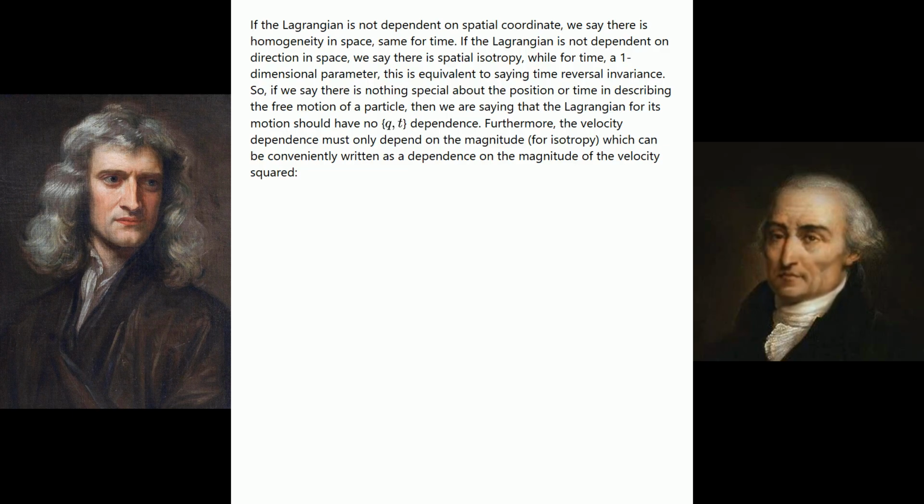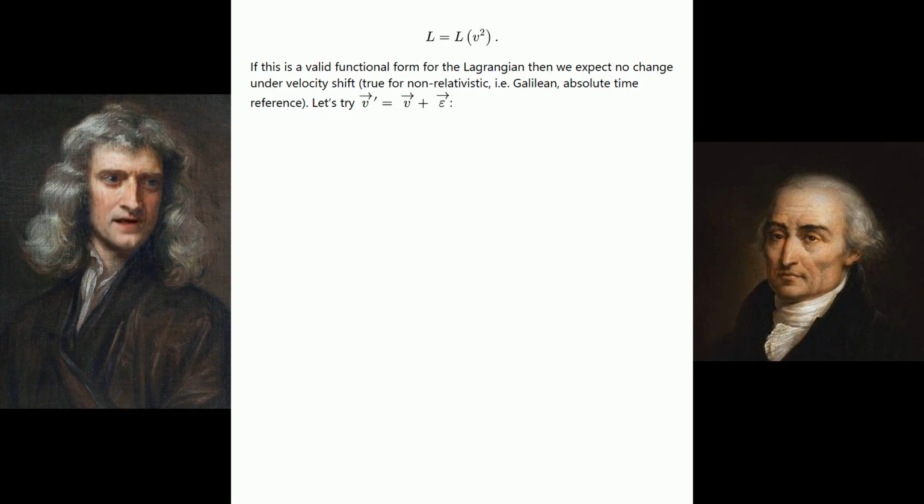So if we say there is nothing special about the position or time in describing the free motion of a particle, then we are saying that the Lagrangian for its motion should have no q, t dependence. Furthermore, the velocity dependence must only depend on the magnitude, for isotropy, which can be conveniently written as a dependence on the magnitude of the velocity squared. L equals L of v squared.